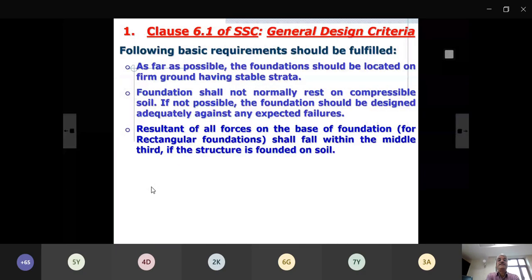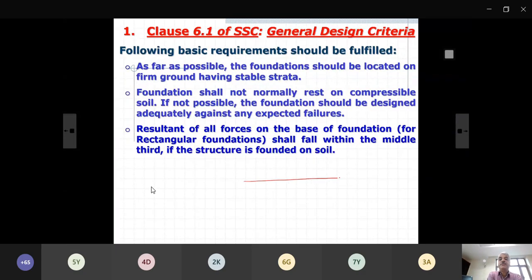Another thing it says: if you see in the plan, this is the bottom of your foundation. If you divide it into 1/3, 1/3, 1/3, first third, second third and third third, then it says the resultant of all the forces.